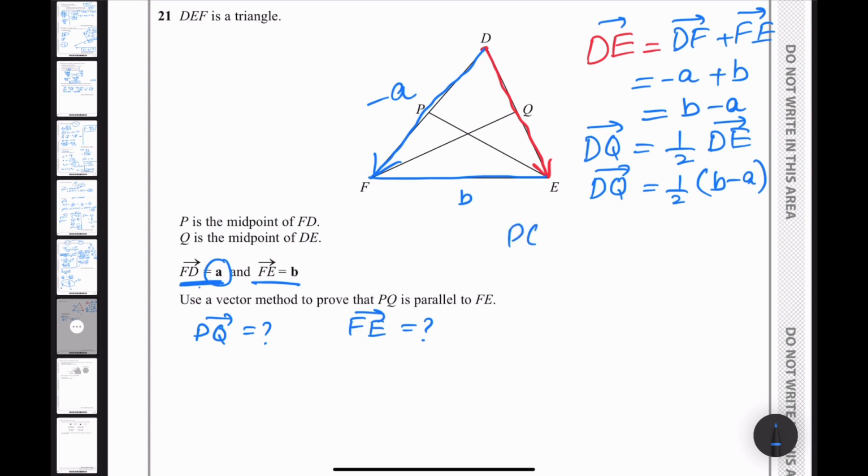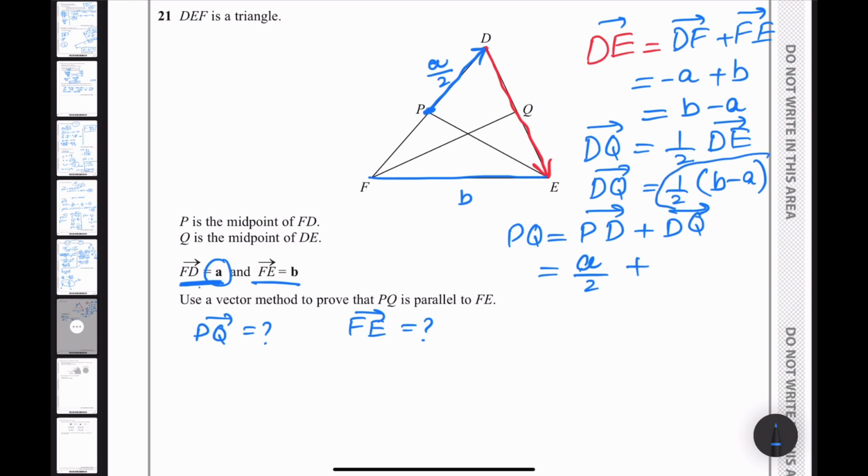So PQ will be equal to P to D plus D to Q. From P to D, it's A over 2, because FD is A, P is the midpoint, so P to D will be half of A. So P to D is A by 2 plus DQ, the value we just found, half times B minus A.